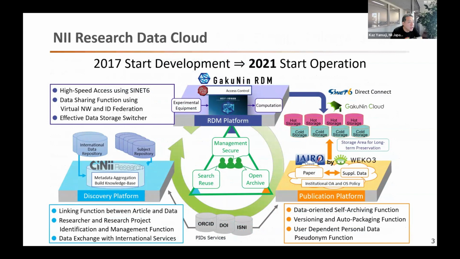Our NII RDC is composed of three main platforms, which try to support the entire research data lifecycle, starting from the RDM platform. Once the researcher gets the result, the journal article and the data will be publicized from our publication platform. The whole metadata in that platform will be aggregated to our discovery service, and then we try to make a good cycle in terms of research data management and data sharing.